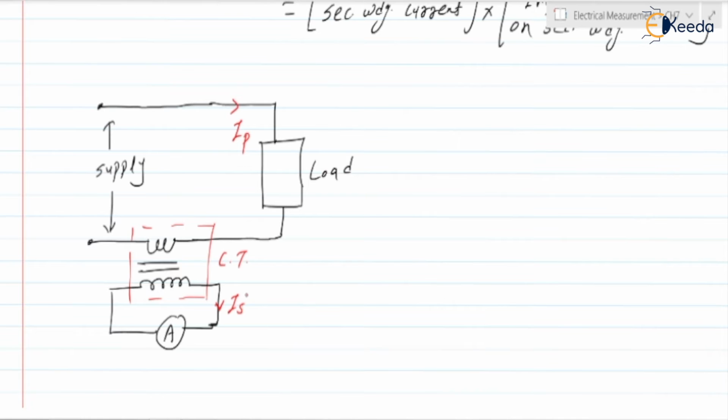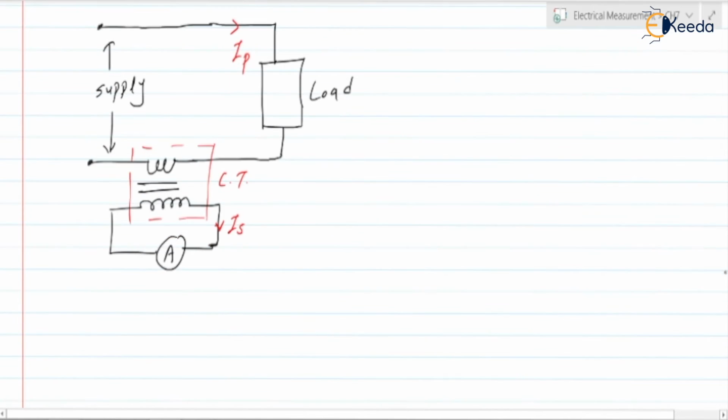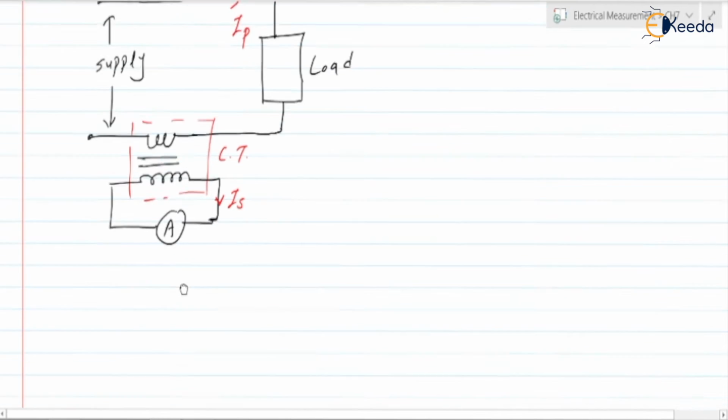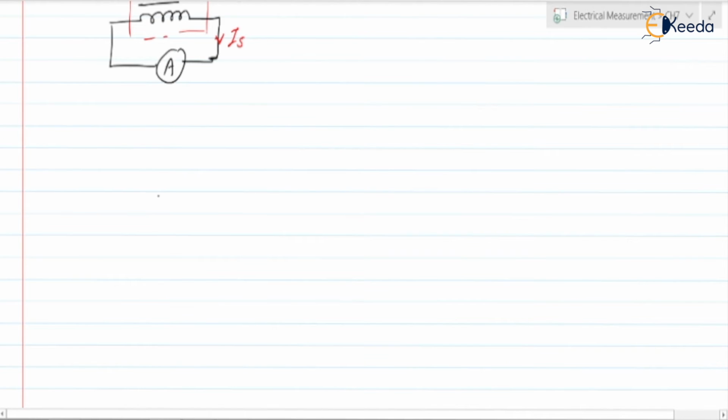we need to draw the equivalent circuit of a CT. It is just like the equivalent circuit of a transformer, so we need to recall the equivalent circuit of a transformer. Just like a transformer, in the equivalent circuit of a CT we have a primary circuit.